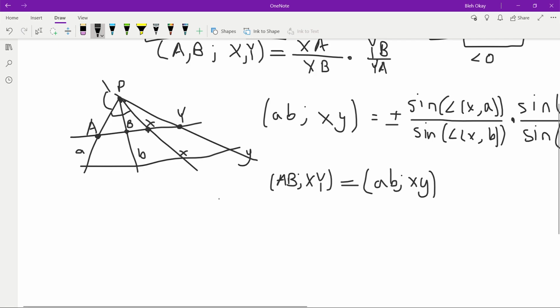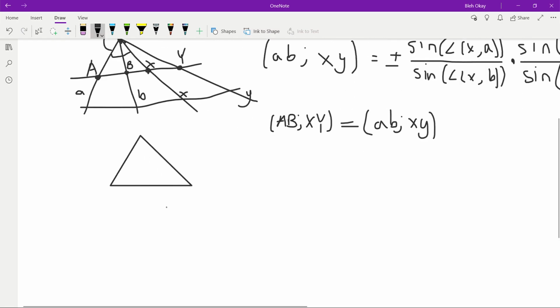The way we do this is with the law of sines. So we have this triangle APX. So I'm going to draw a nice triangle here. Okay. So we have this triangle.